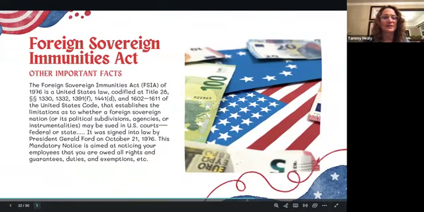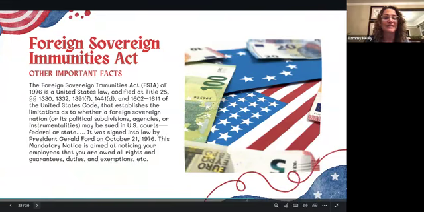Other important facts about this document: the Foreign Sovereign Immunities Act of 1976 is a United States law codified at Title 28, 1330, 1332, 1391, 1441D, and 1602 through 1611 of the United States Code.